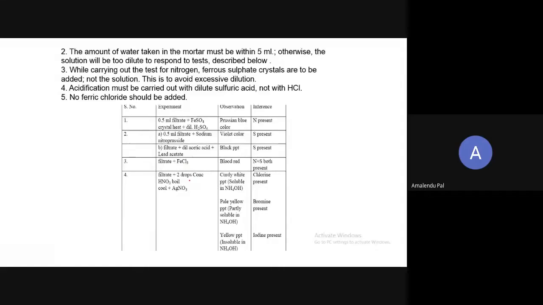For the things that we are doing in our lab for nitrogen, sulfur, and halides, even filtered, you can cool, and bromine and iodine.